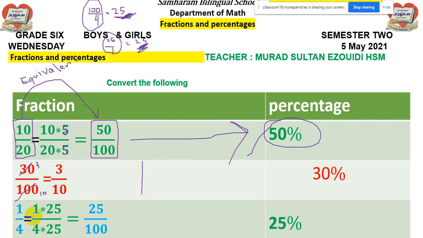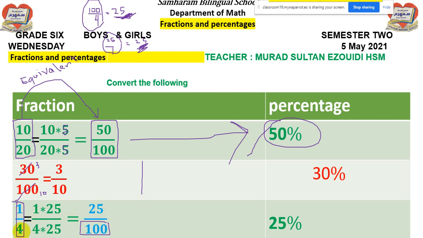1 over 4. Okay. I want to get 100 here. I should multiply 4 by what? This is the first fraction that you will start with. I want you to change this to a percentage. But before changing 1 over 4 to a percentage, you should find an equivalent fraction where the denominator is 100.